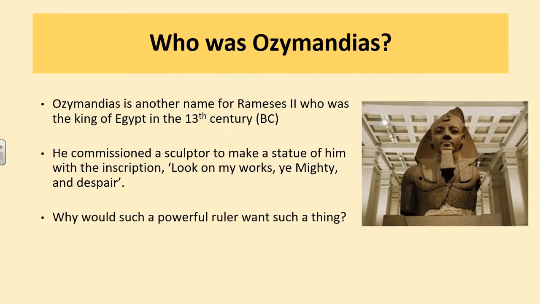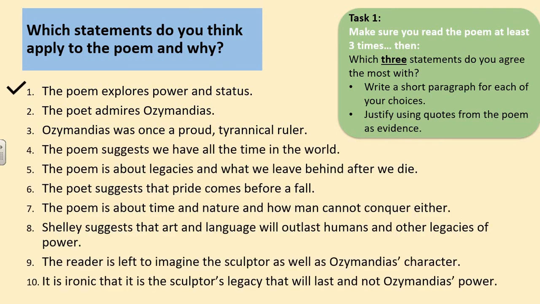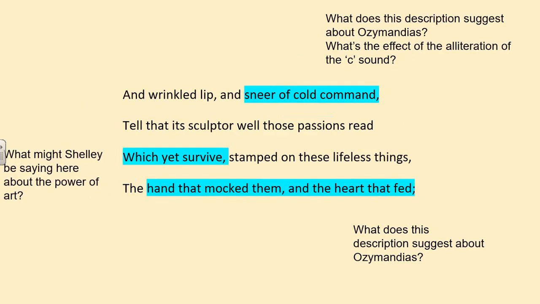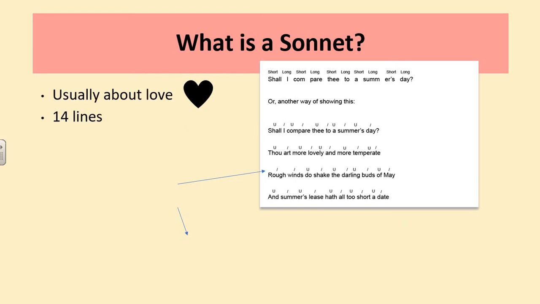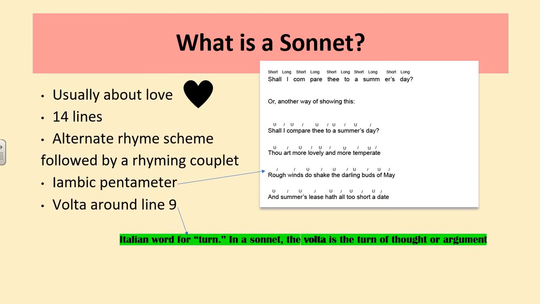So there are quite a few elements of the poem that suggest that this is a sonnet, which is ironic because it's a love poem and it was written by a follower of the Romantic movement, romance, love. But as we said, it's good to think here, I'm not sure that Percy Shelley himself had love or admiration for Ozymandias. However, is he writing it because Ozymandias had love and admiration for himself?